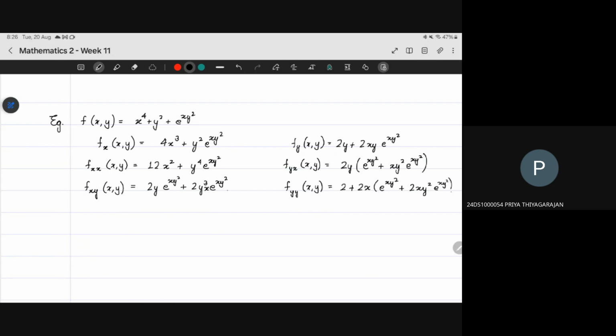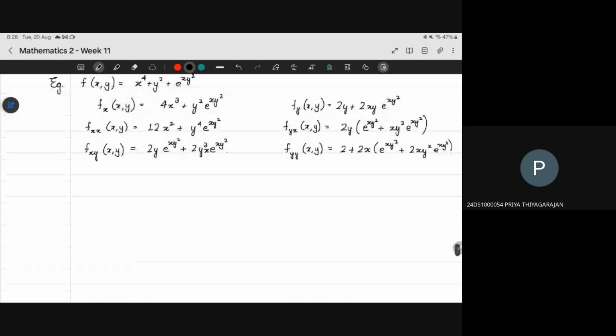Something like this. I might have missed some computations. If there is, you just correct it. But the important thing to note is that this and this are the same. Right? It's 2y e to the xy squared plus 2y cubed x e to the xy squared.